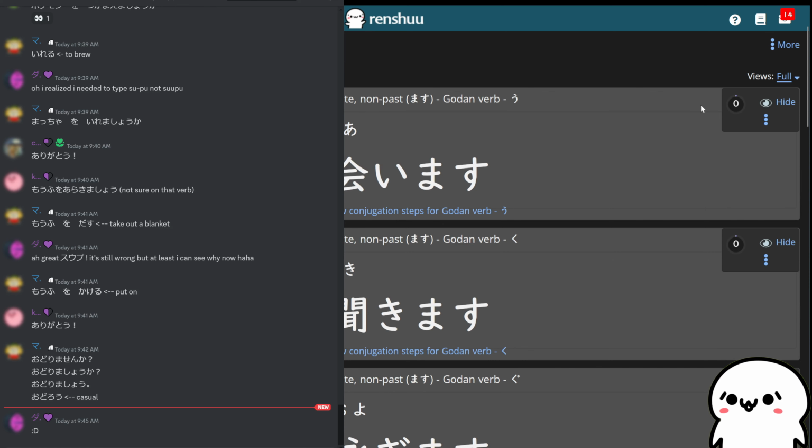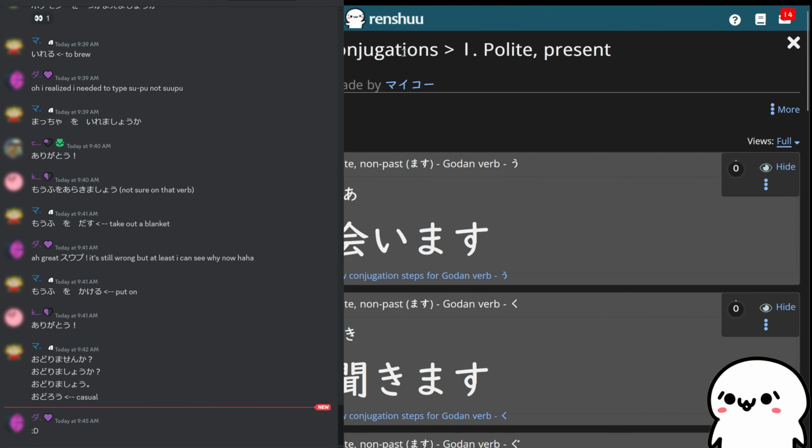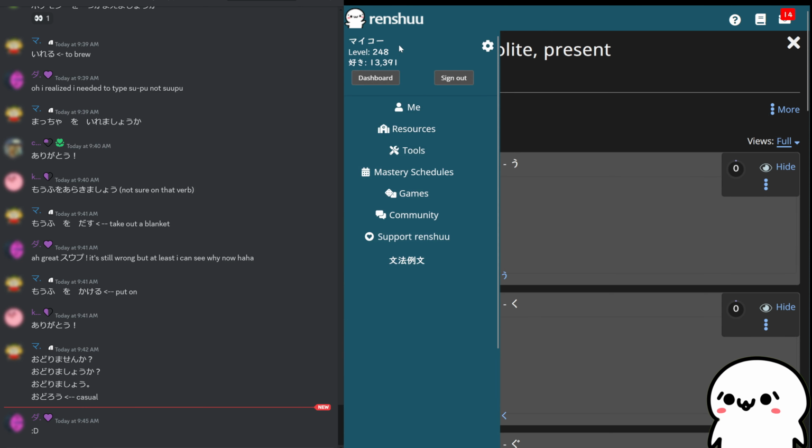So your mastery level is not on the mas form, it's on the mas form for godan verbs that end in u, or godan verbs that end in ku. So if you've got most of those down, but for example, those ru verbs, you just can't get those, those will stay in circulation. So you can focus on those the most. So definitely check this out if you'd like.